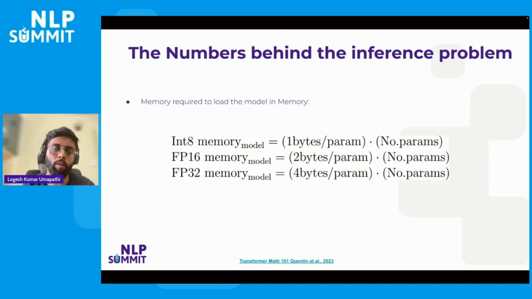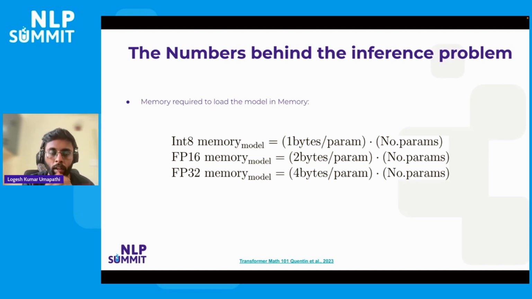The quick thumb rule is, it all depends on the floating point precision that we have the parameters in the model. For example, the FP32, 32-bit model would take 4 bytes per parameter. So let's say if it's a 7 billion parameter model, then at 4 bytes it would take around 28 GB just to load the model into the memory.